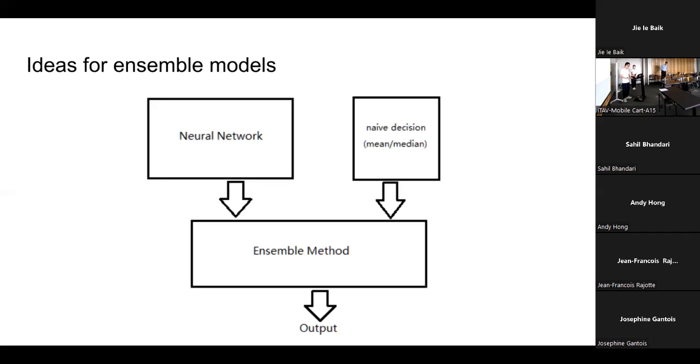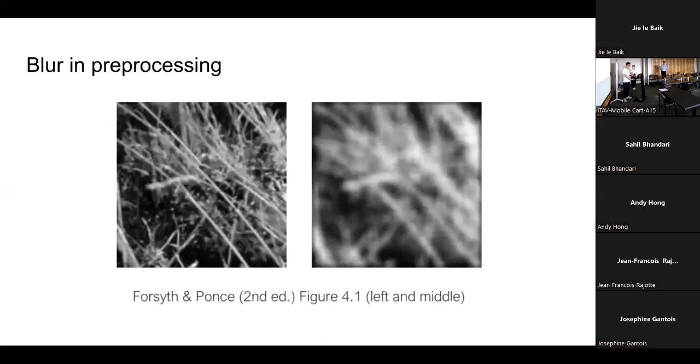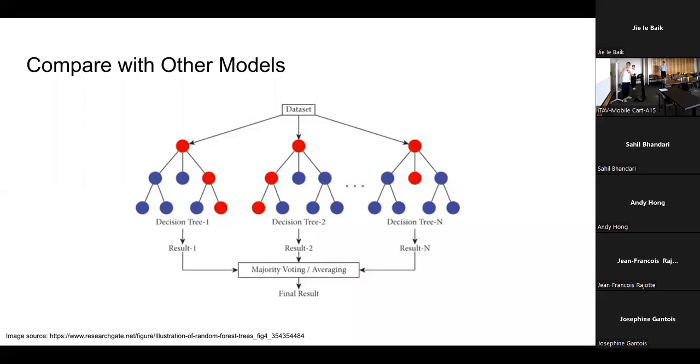Yep. And another thing we would like to try, but don't have time to try, is to add another ensemble layer at the very end, on top of our current neural network. We can add another naive decision, or not so naive decision, because historically phenologists generally use their experience, or pick an average or median date throughout the years and take that fixed value as the threshold.